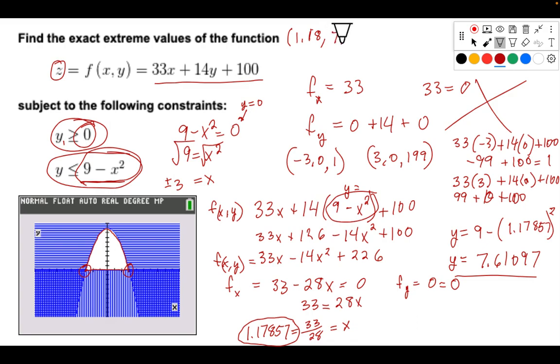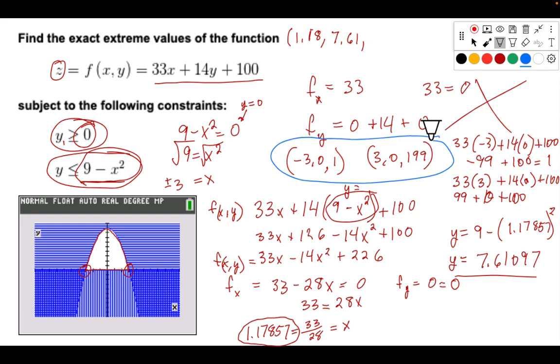Y is 7.61, and all we need now is to figure out what z is, and then we can compare. I guess I should circle these two possibilities. Whatever we get, we will see either this might be the minimum, this might be the max if it's in between there, or that might give us a max.